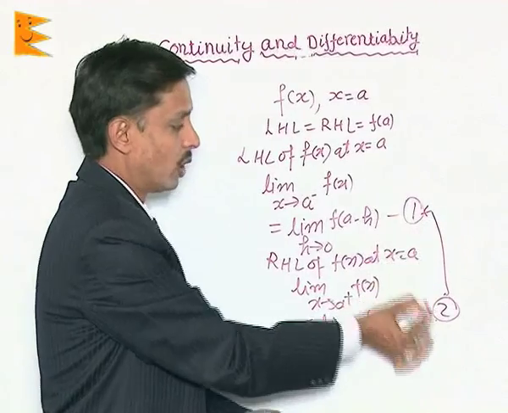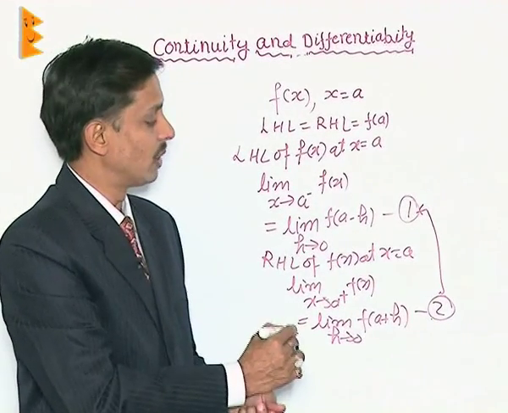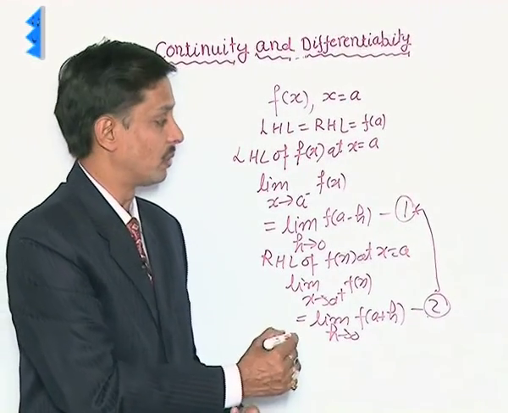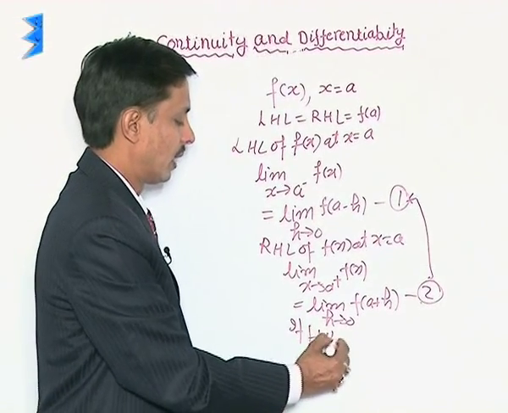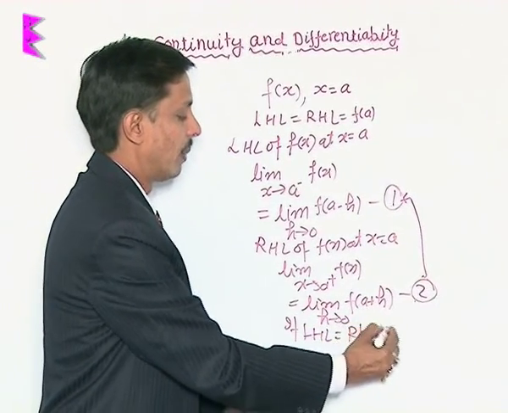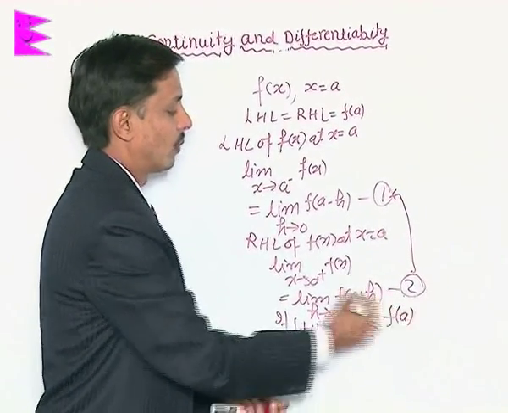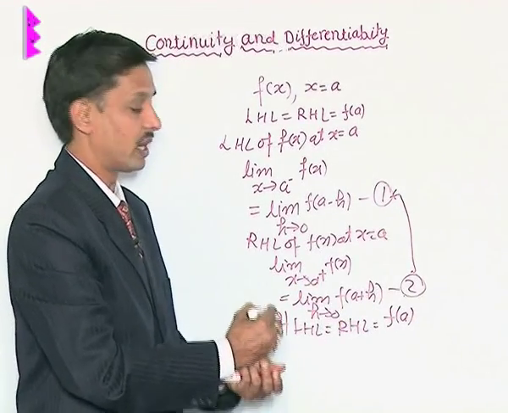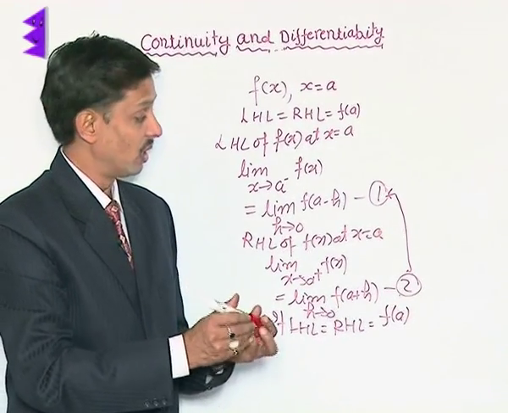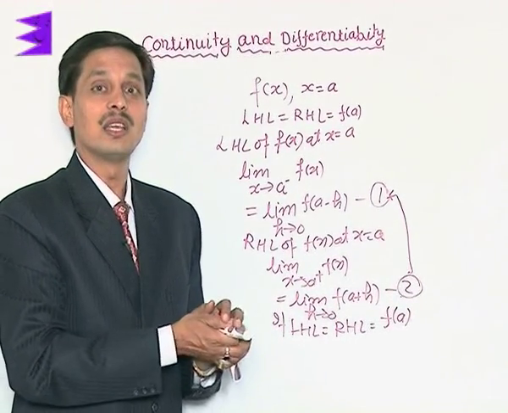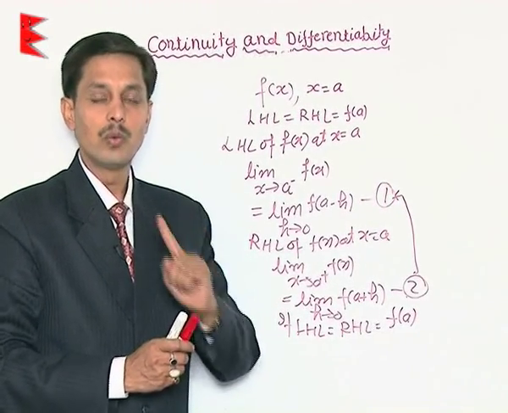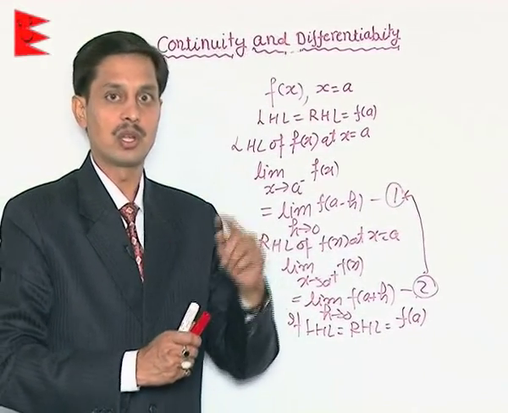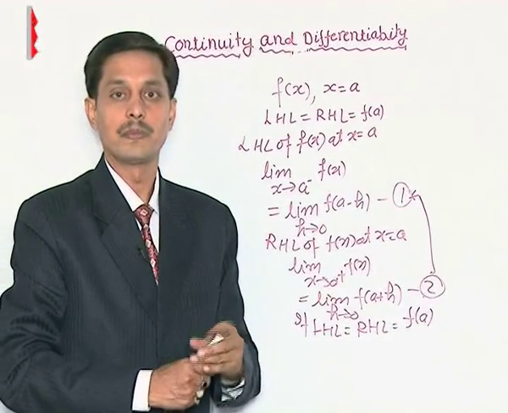If the left hand limit equals the right hand limit equals the value of the function at the same point, we say the function is continuous. If not, we say the function is not continuous, or discontinuous.